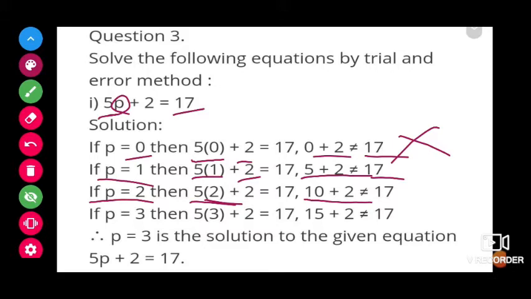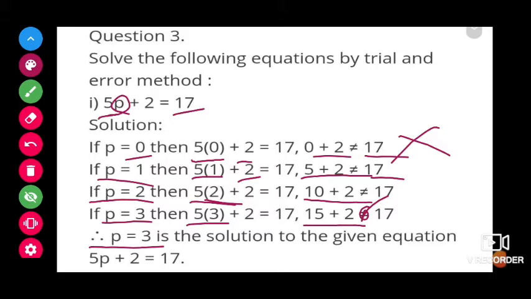Is 12 equal to 17? No. Now finally, if we go for p equals 3, 5 into 3 plus 2 means 5 threes are 15 plus 2, 17. Yes, it's satisfying. Both the sides are the same. So p equals 3 is the solution to the given equation.